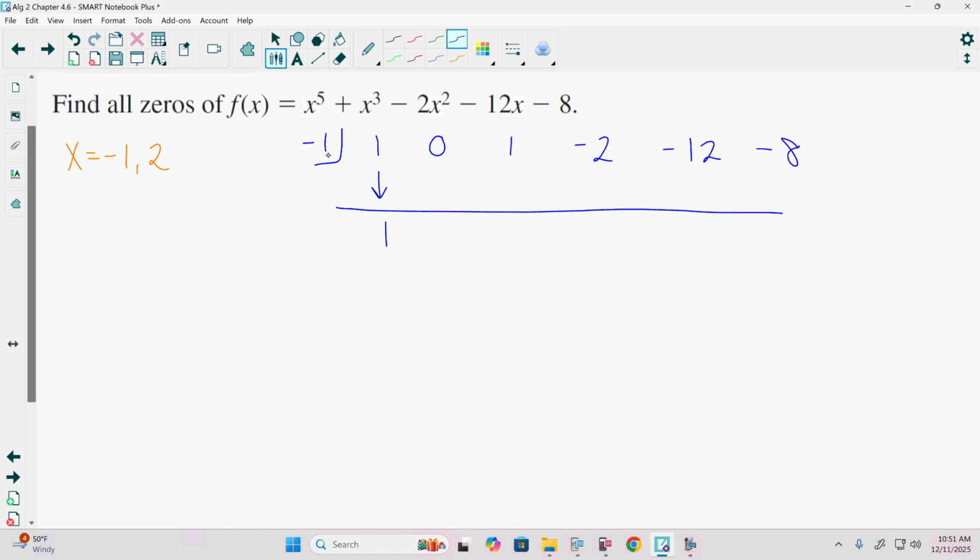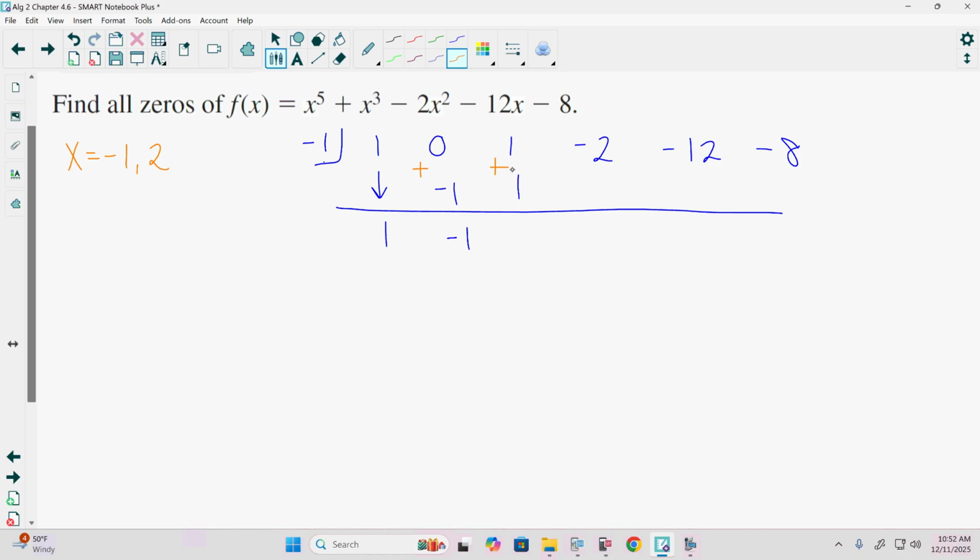Now, if we use -1 for the first one, -1 times 1 is -1. 0 plus -1 is -1. Then we multiply again, -1 times -1 is going to be +1.